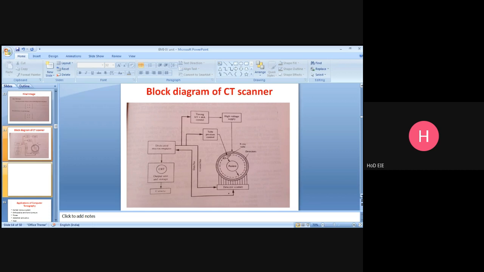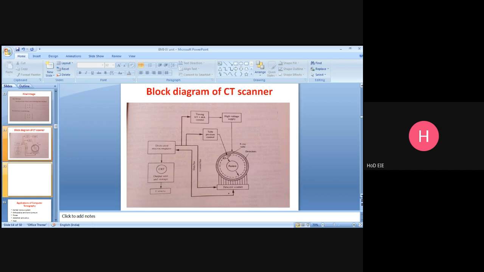The remaining X-rays which are not absorbed impinge upon your detectors. About 1,000 radiation detectors are fixed around the patient, along the circumference of your gantry.